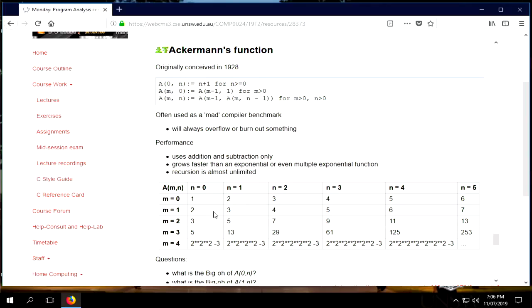With Ackermann, all right, what's the complexity, the big O, of Ackermann looking at those numbers for m equal to 0? Someone? What do you see in the numbers? What's the pattern here? What is it?